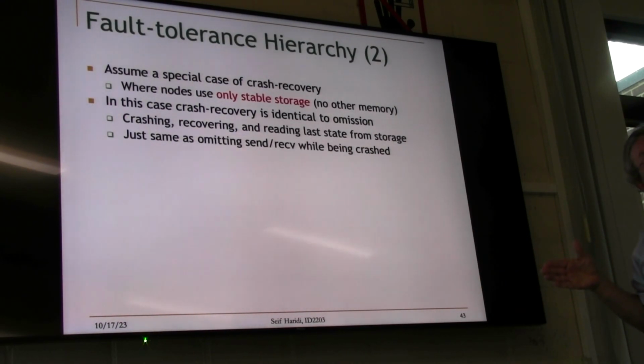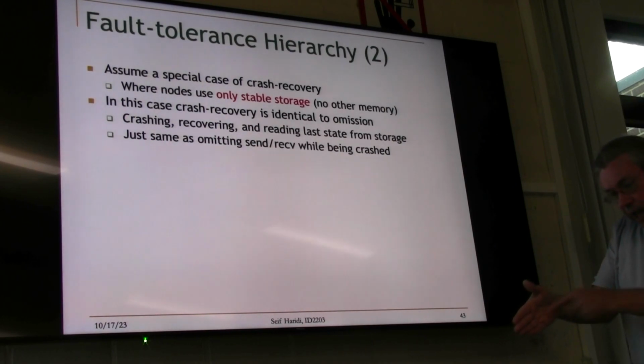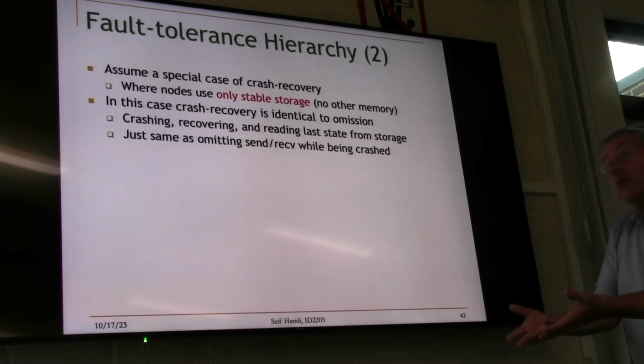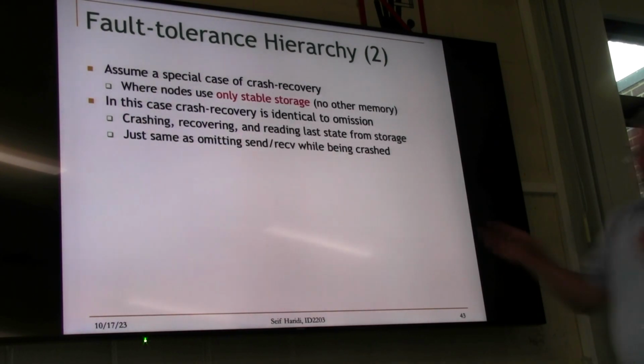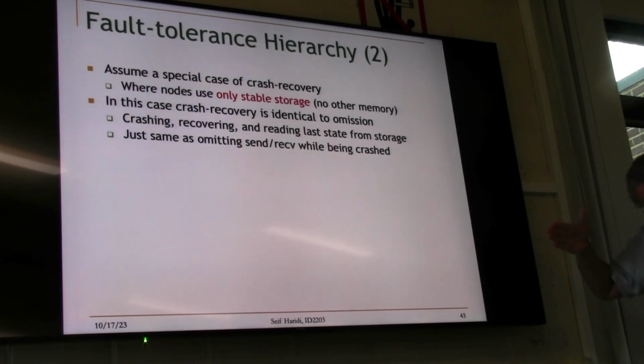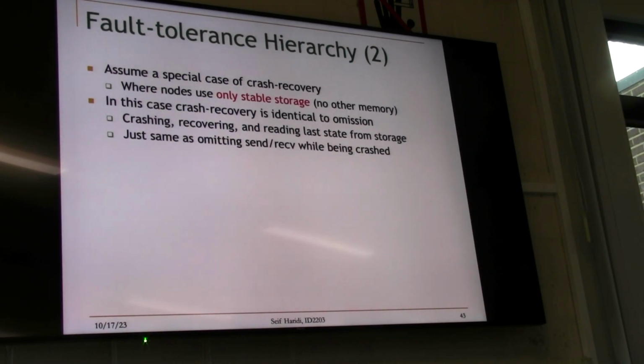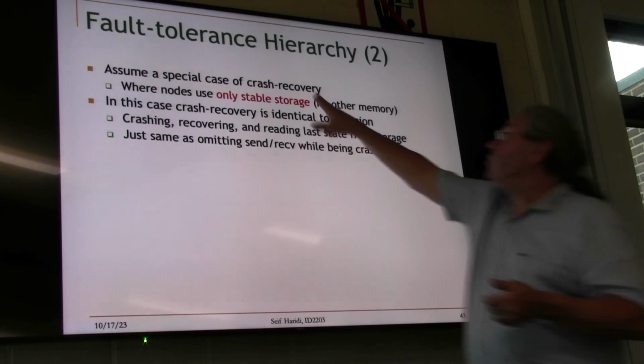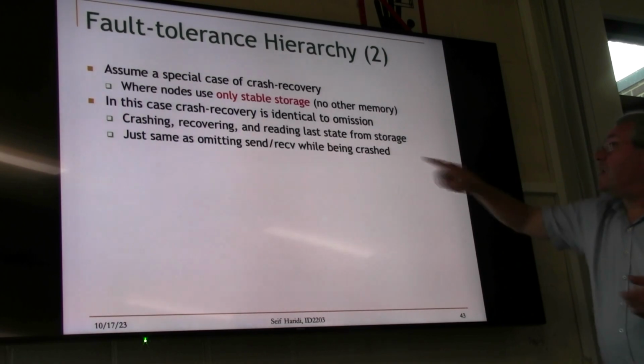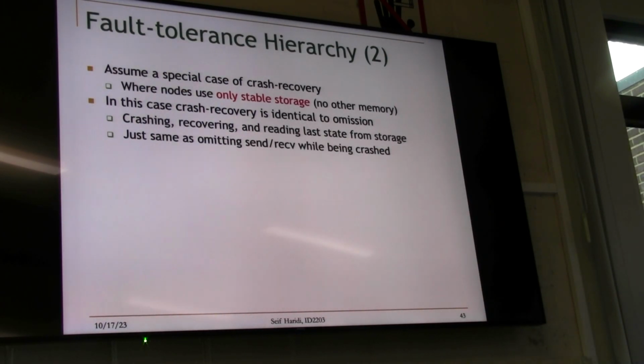Okay, when it crashes, eventually it recovers and the memory will be back, okay, the stable storage. It's exactly the same as if the sends and the receives were omitted while the node is crashed, okay? When it crashes, it's like the omissions start right then, and when it's recovered, then it starts receiving messages again, okay, sending again. So it's exactly like a crash during this period, okay? So, crash recovery with only stable storage is a kind of omission, okay?